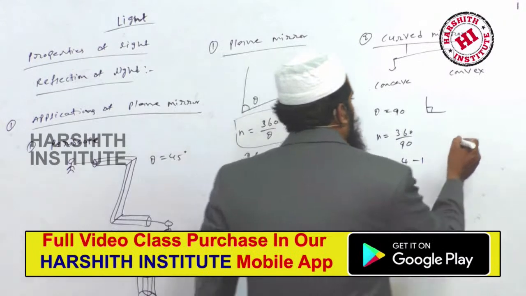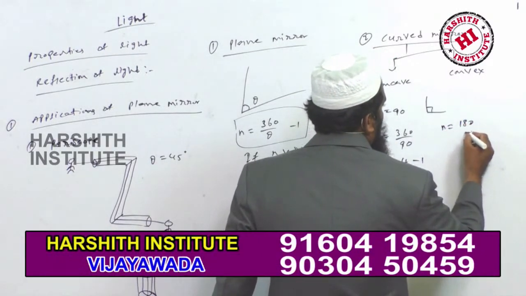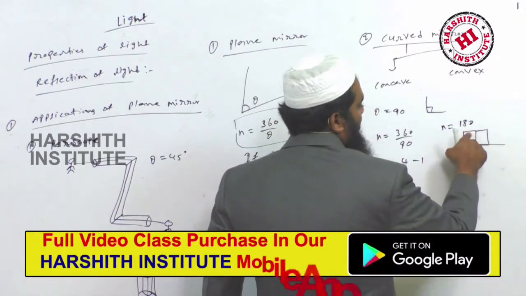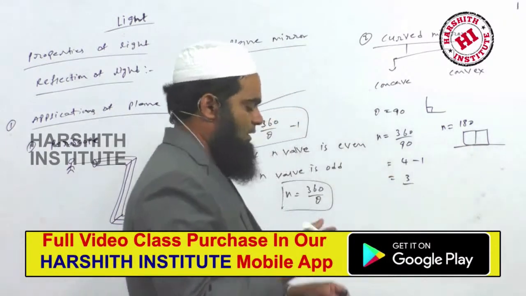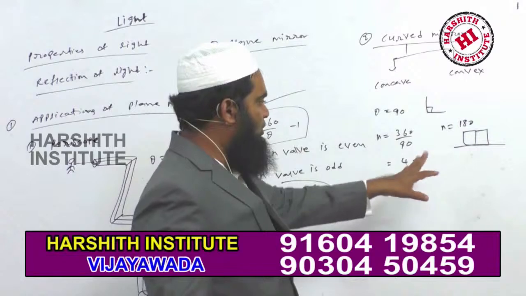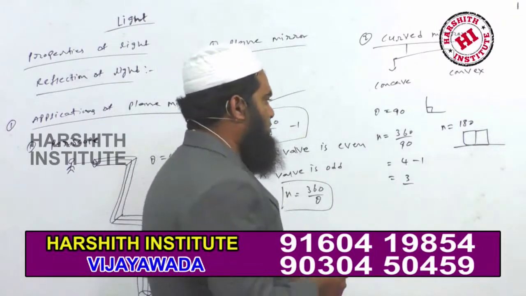Here both plane mirrors are arranged in this pattern. Now if theta equal to 180 degrees, both plane mirrors are arranged adjacent, side by side. This is one plane mirror, and this is another plane mirror. So this type of arrangement we can observe.